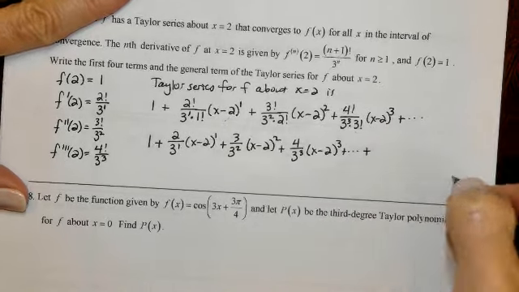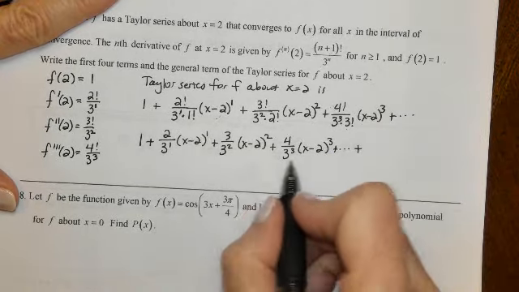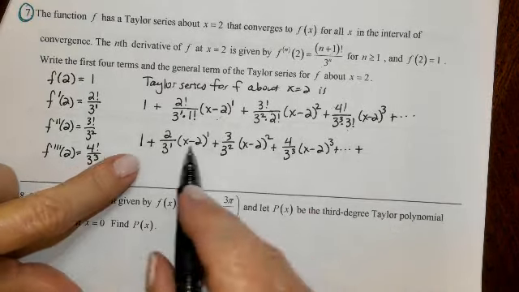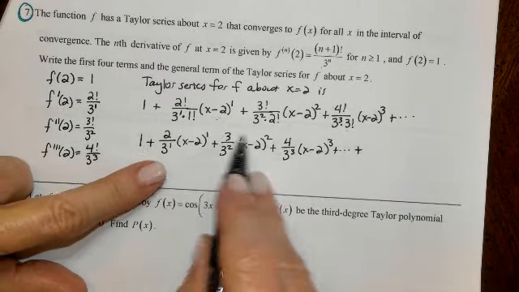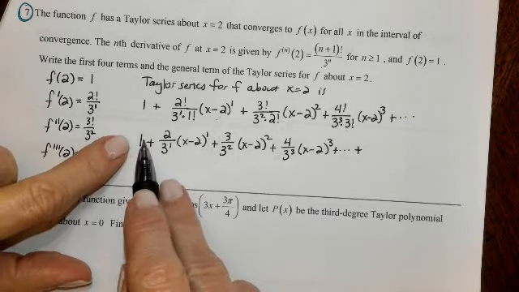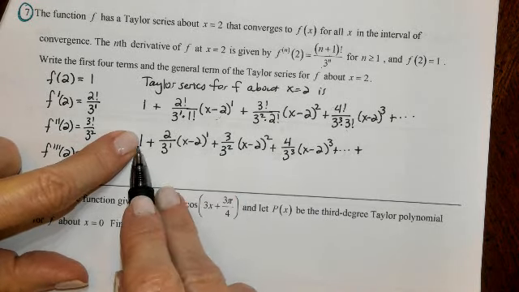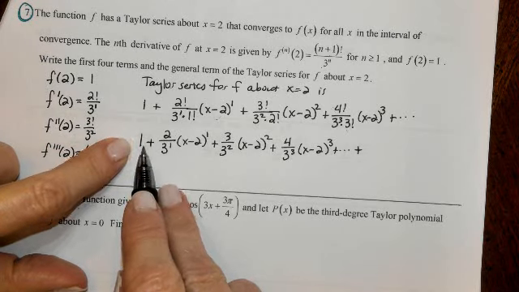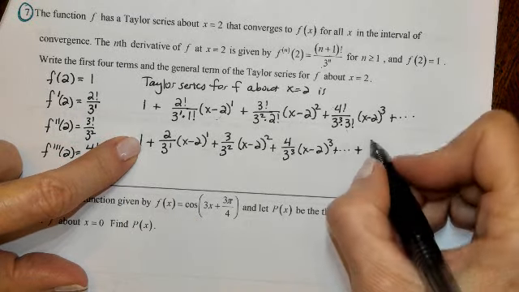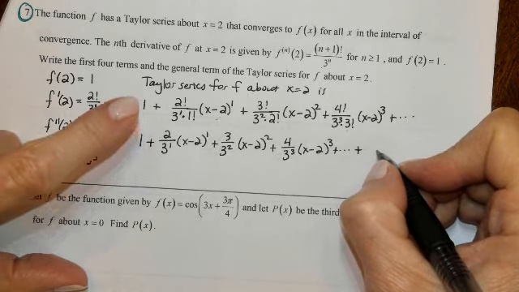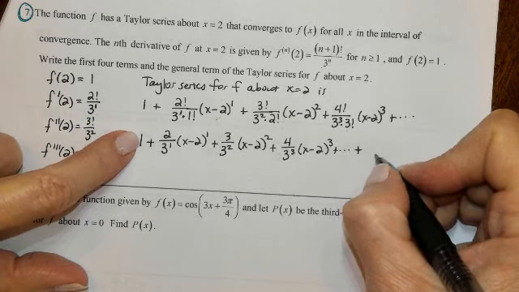Okay, and now here comes our general term. It's not alternating, so we don't need the -1. If I start n at 0 here, it would be like I have 1, 2, 3, 4, but if I start n at 0, my first term needs to be that 1.